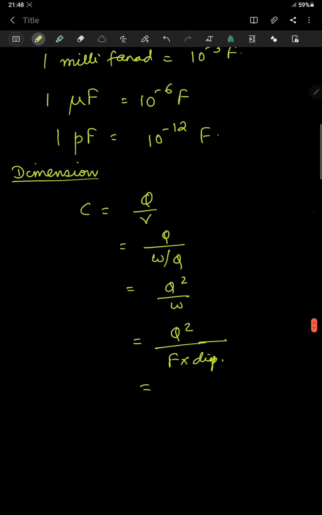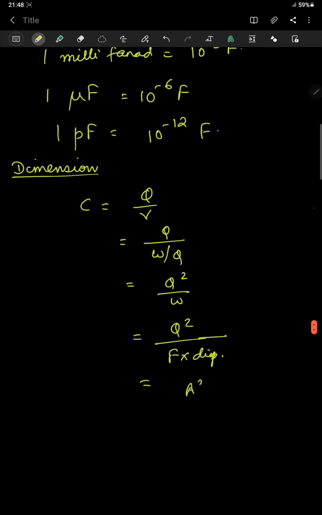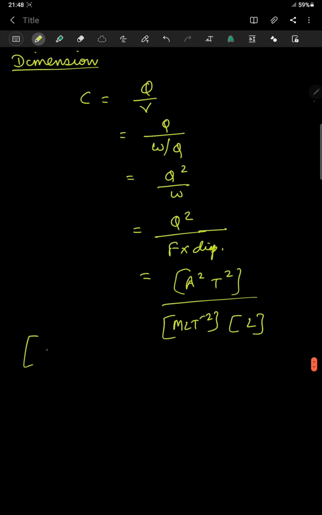So Q square means it will be A square T square, divided by force, which is M L T to the power minus 2. And what about the displacement? L. So the dimension of the capacitance C will be how much? It will be M to the power minus 1, L to the power minus 2, T to the power 4, A to the power 2. So this is the dimension. Okay.